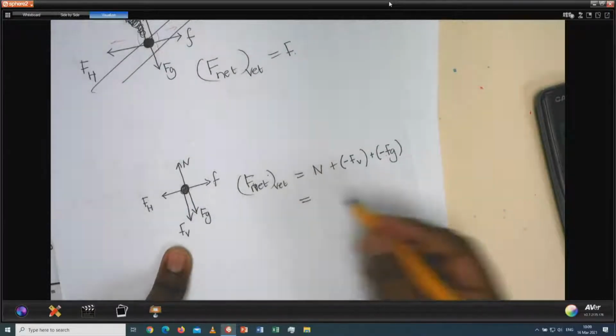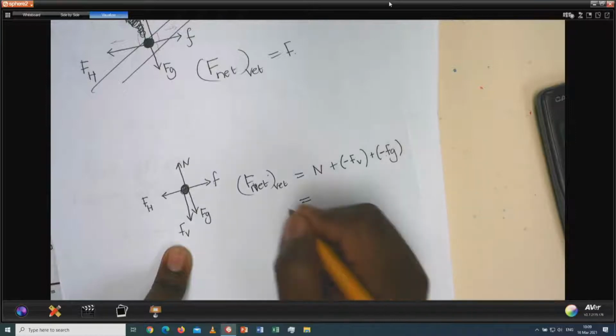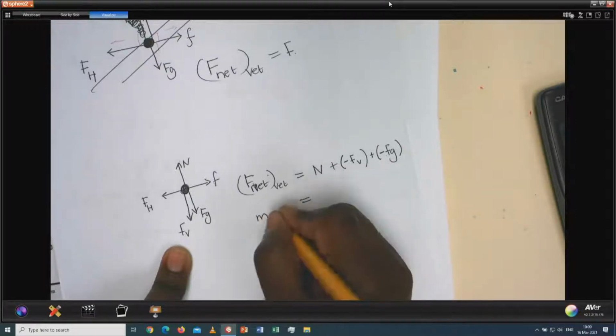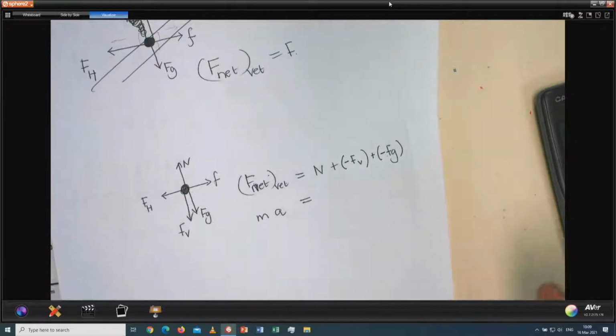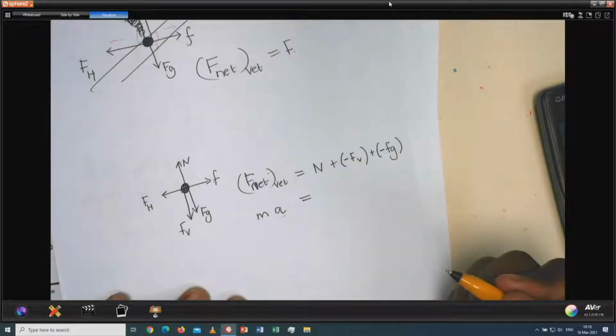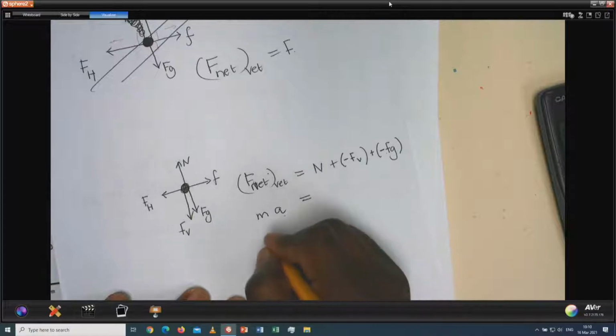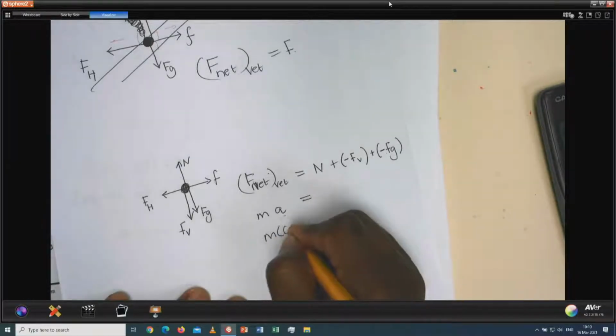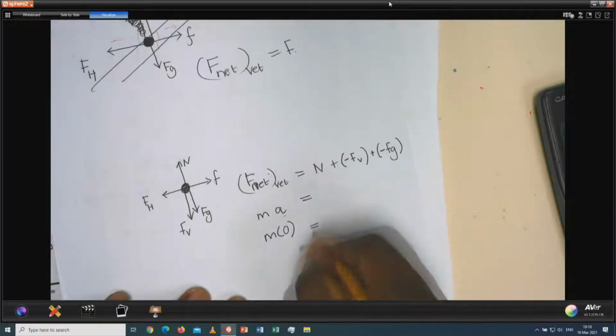Then from Newton's second law, which I think we all know, the net force acting on an object causes the object to accelerate. There is no vertical acceleration. Acceleration vertical is 0. So this part is 0.